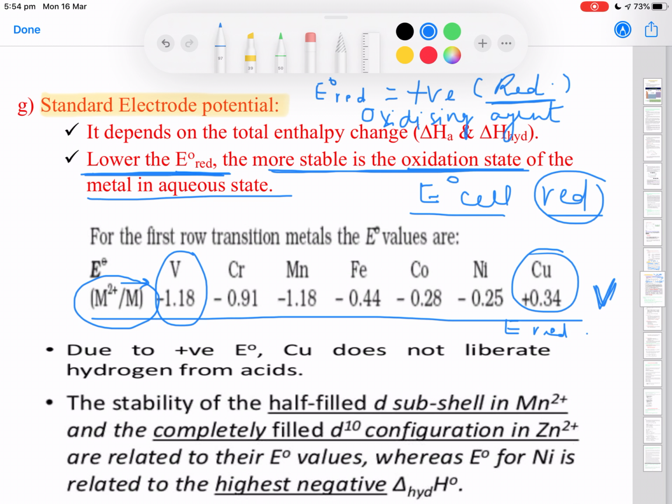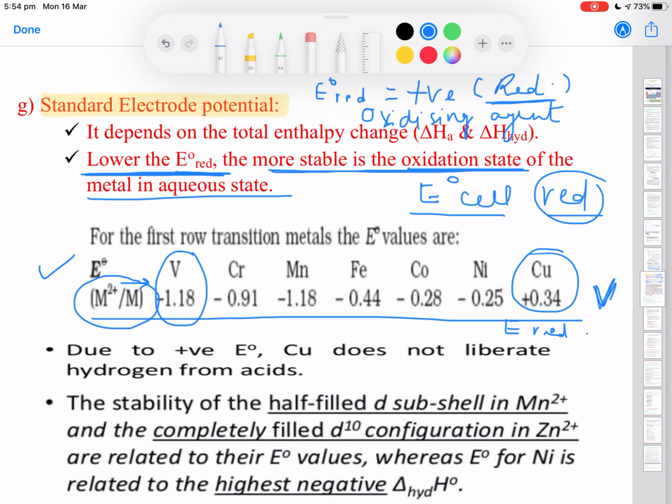What can you read from this data about copper, about manganese, about vanadium, and about nickel as well? So we know, hopefully you all know, that -1 is greater than -2, right? So if I ask you which element amongst these possess the least value of E naught reduction?